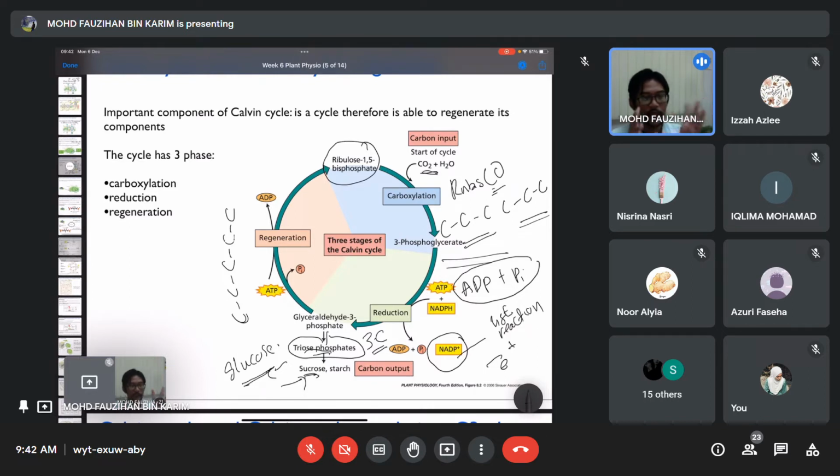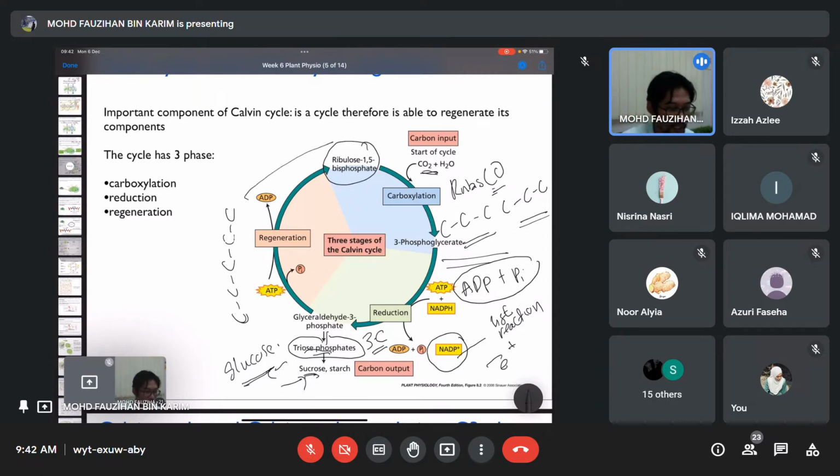And then once it has been shuffled like that, it will go back to the process we call regeneration. So the carbon will be formed back to make the original molecules we call ribulose 1,5-phosphates to accept a new carbon dioxide.